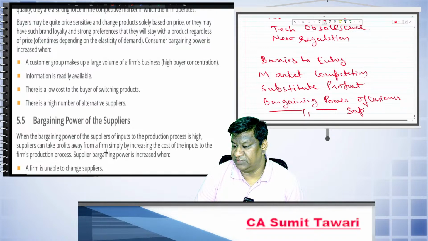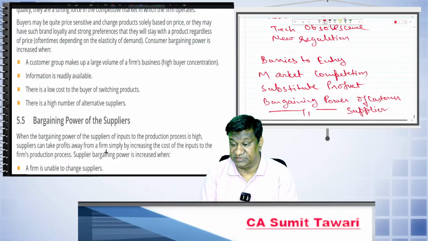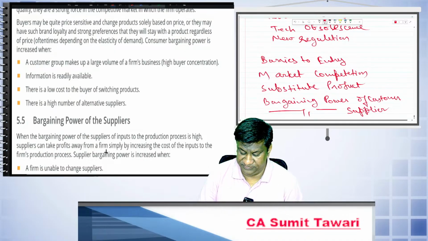So these are basically Porter's 5 forces. Whenever you are going to start any business, you need to evaluate all these things. Now can you tell me one by one?